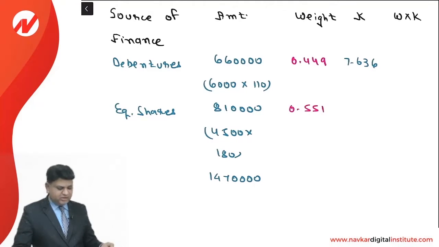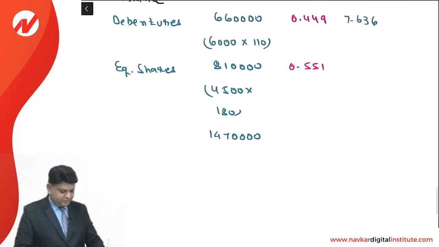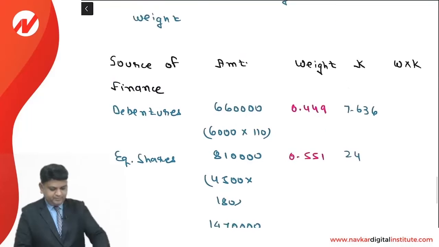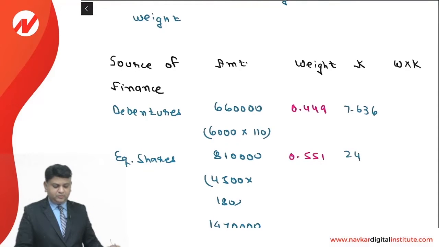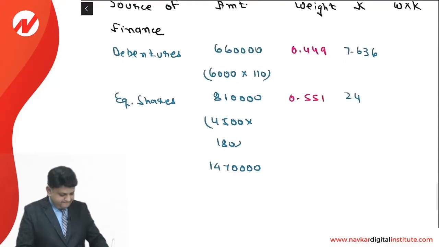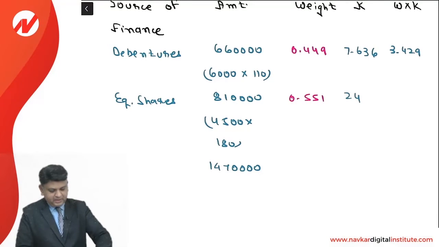The other one is already provided to us in example 24. So use a calculator along with me. 0.449 into 7.636. It comes to 3.429. 0.551 into 24.